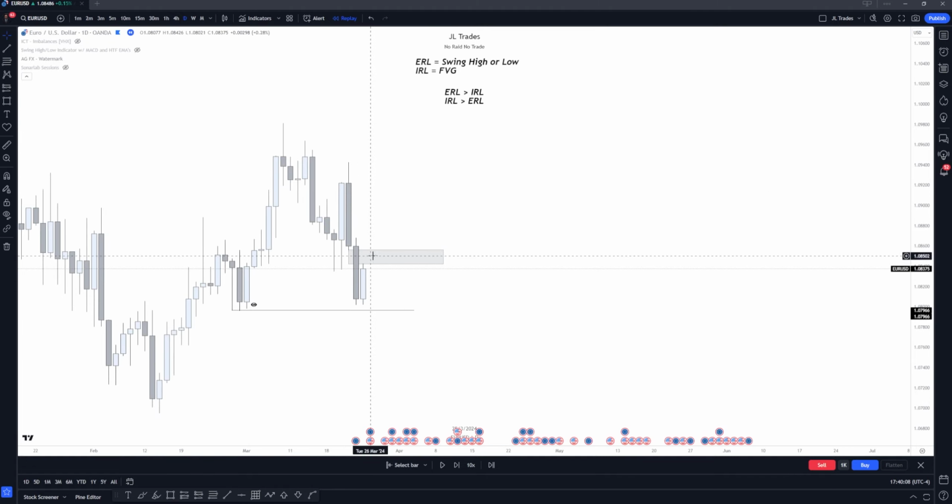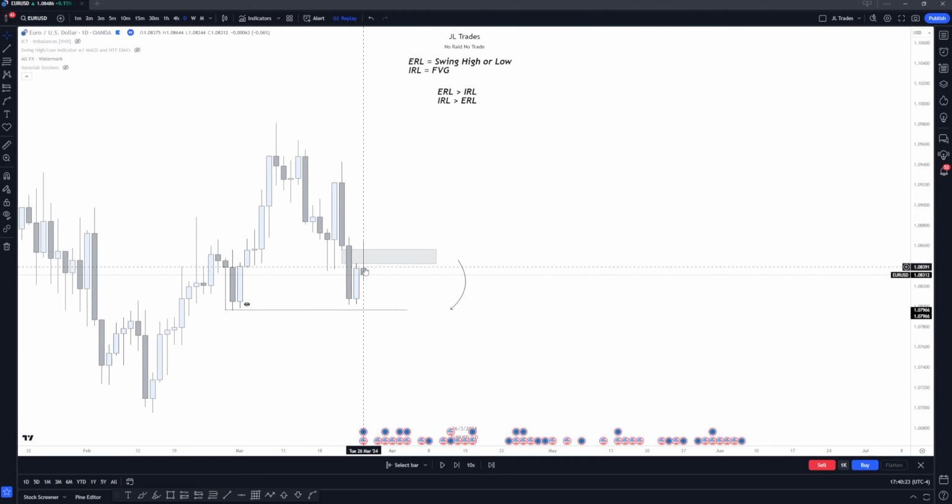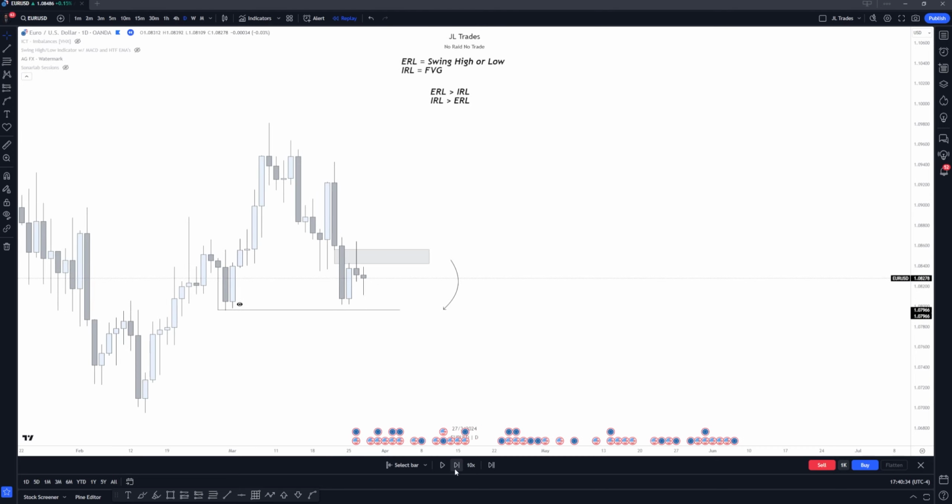So if price is located in this, and I know that we have liquidity here, my bias would still be bearish down to this level. So see what Tuesday does. Tuesday, we have a tap into our internal range and we close below it. This would further support my idea that we're still bearish for Wednesday. Still bearish.